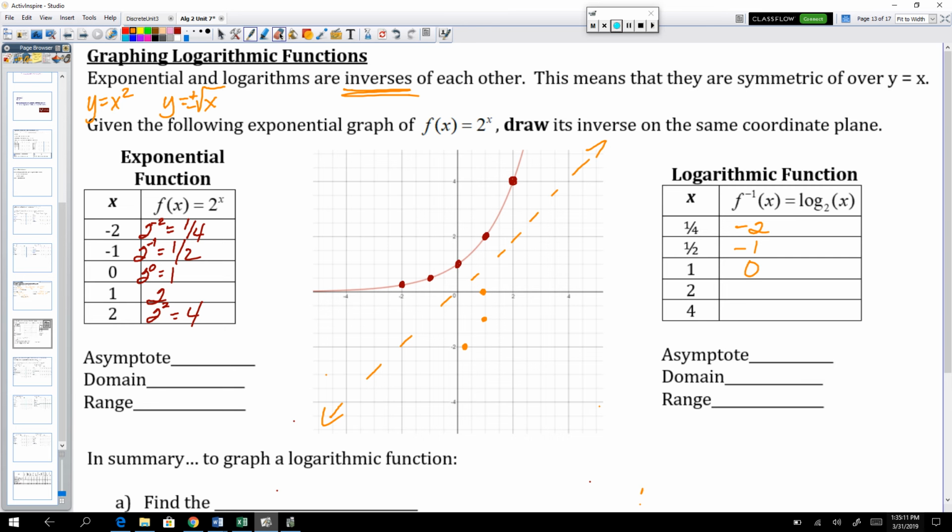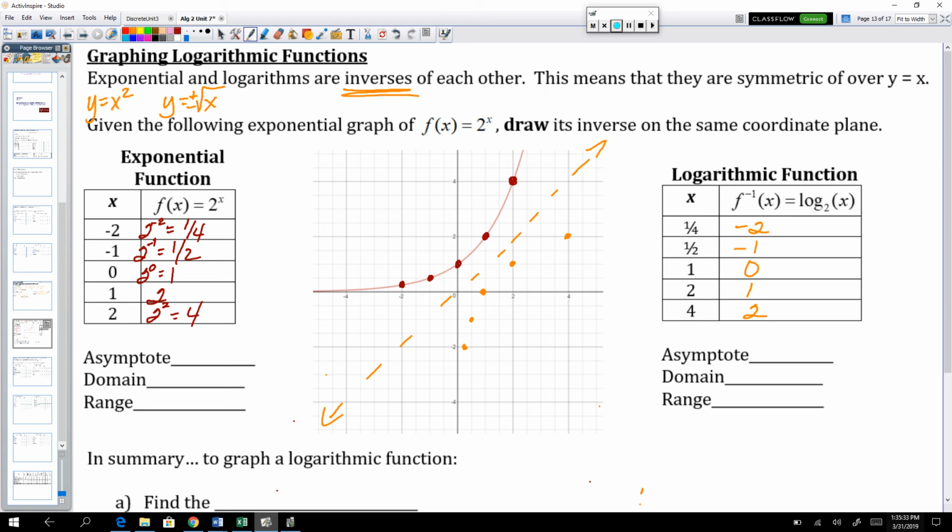I think I messed up this guy. Here we go. Sorry about that. And then if 1 comma 2 is on our graph, then 2 comma 1 is on our graph. And finally, if 2 comma 4 is on our graph, 4 comma 2 is on our graph.